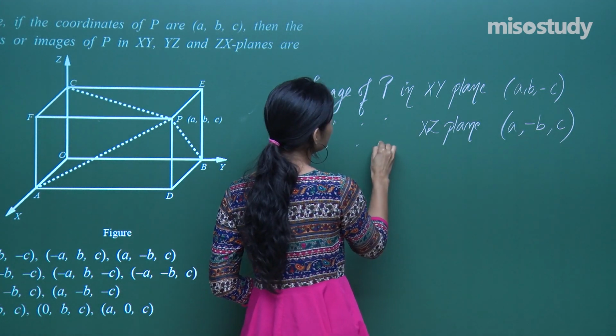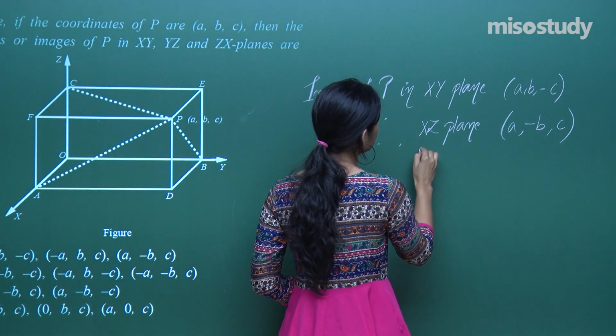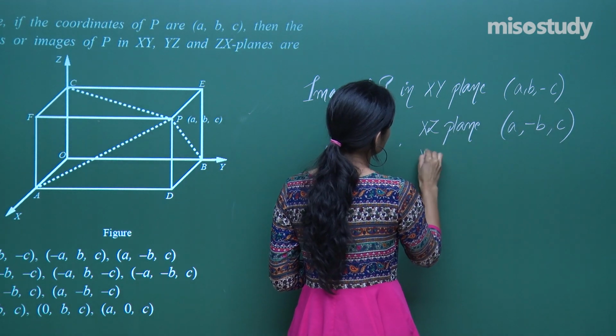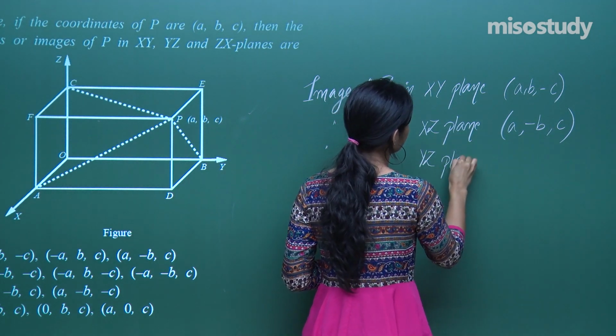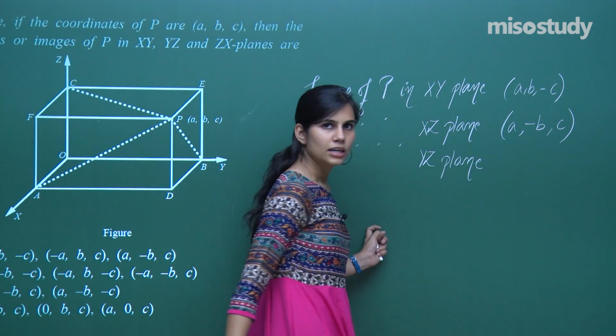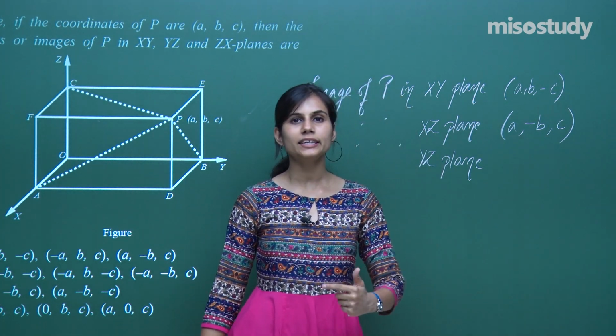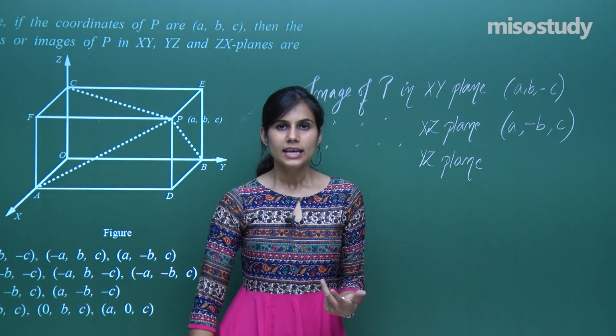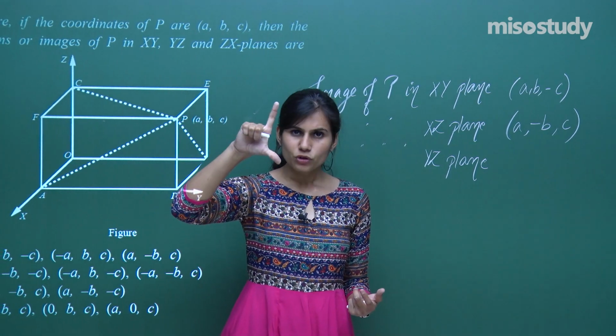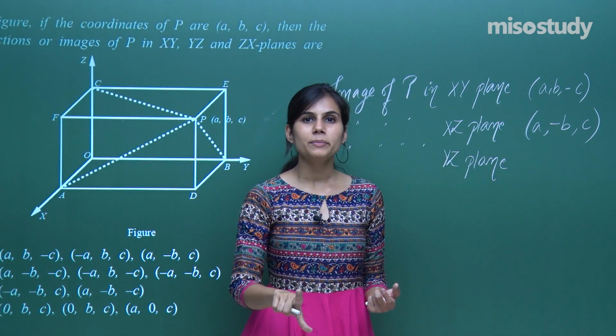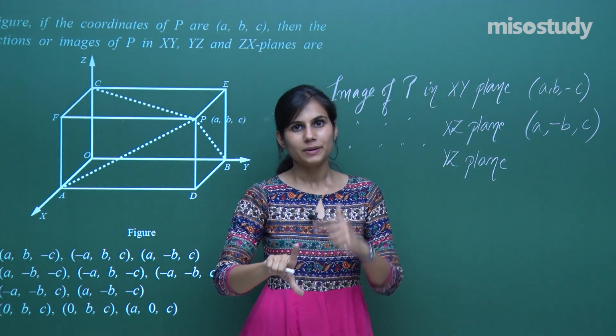And now you understood the idea. If I talk about the image along the YZ plane, in that case only the x coordinate is going to change. Change means what? If it is 2 units along the x-axis, then minus 2 will be the units covered along the x-axis by the image.